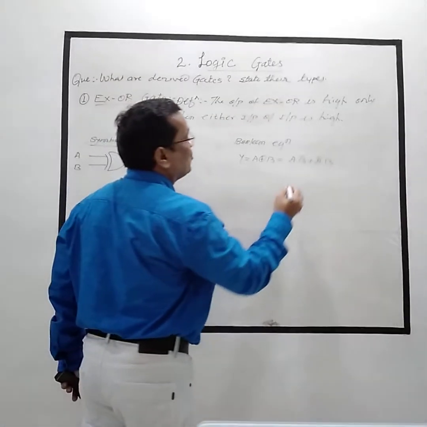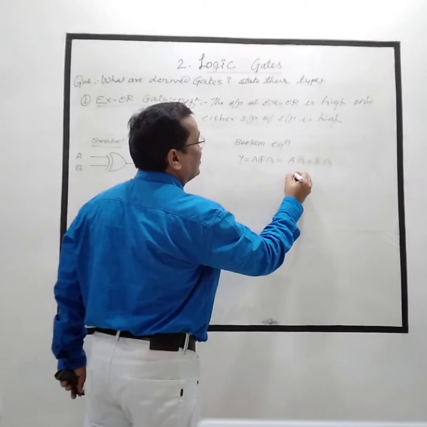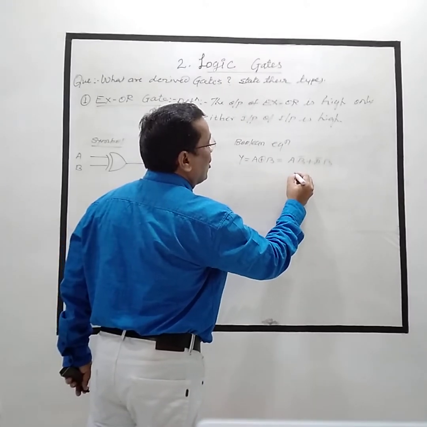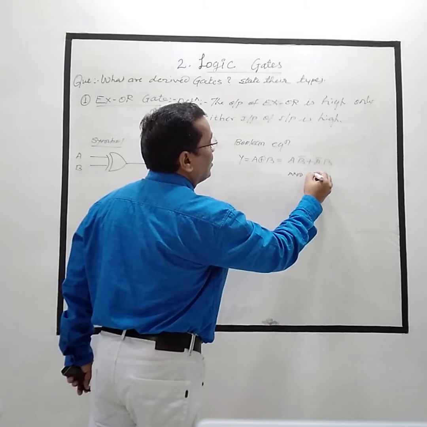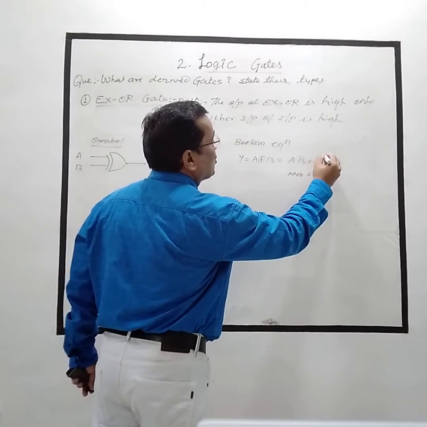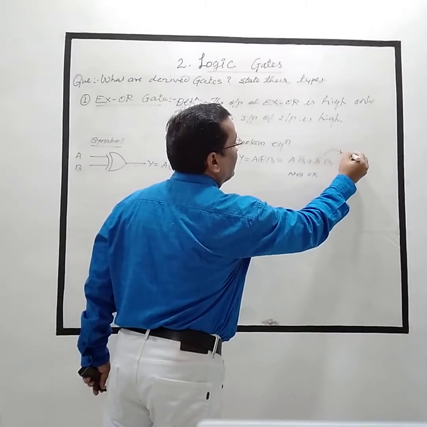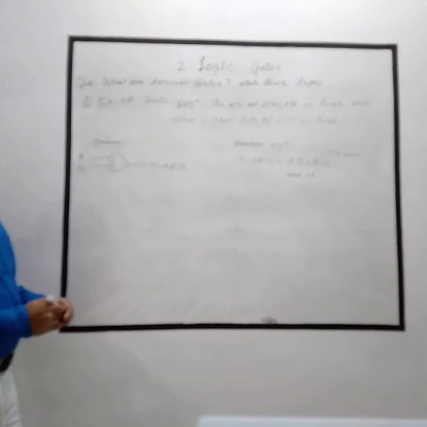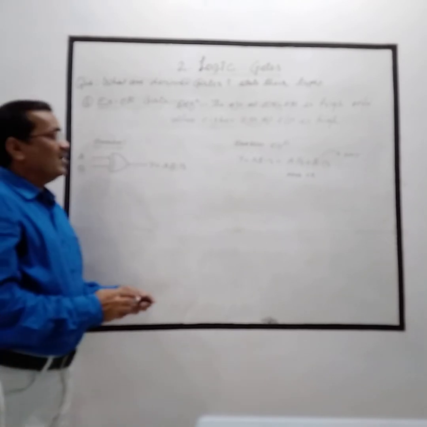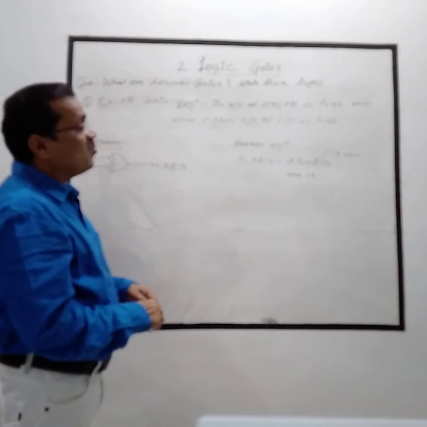Which ones? Here it is AND, here it is OR, and this complement indicates NOT gate. That means this XOR gate is constructed by using all basic gates.